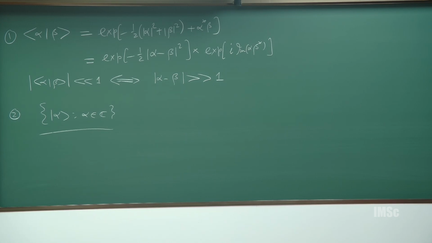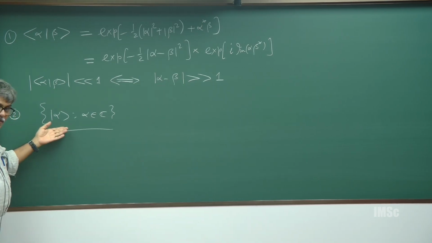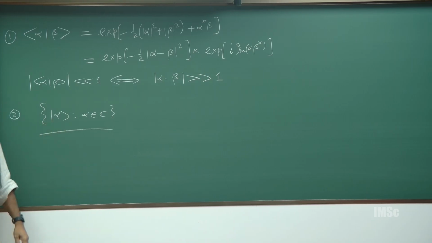So, therefore, what can I say about the linear dependence or independence of these coherent states? Dependent? Linearly dependent, of course. What does it mean? We have combinations of these alphas which give you 0.